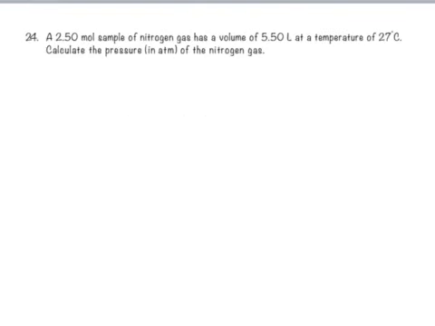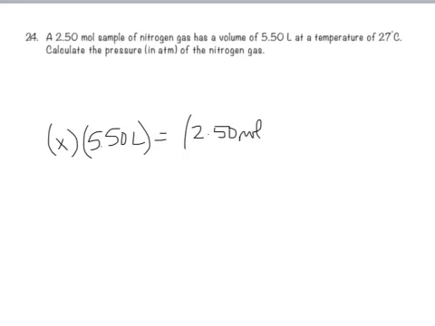Okay, we have another ideal gas law problem. I do not know the pressure. The volume is 5.50 liters. I have 2.5 moles. That gas constant, because it's in atmospheres, is 0.082 atmosphere liter per mole Kelvin.